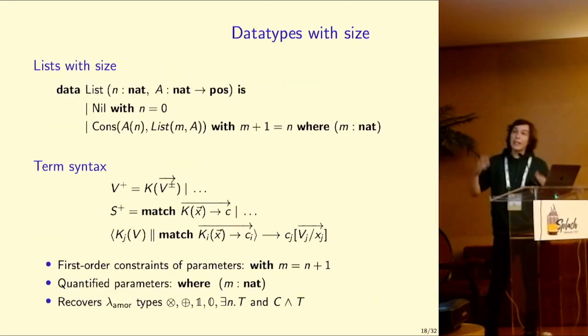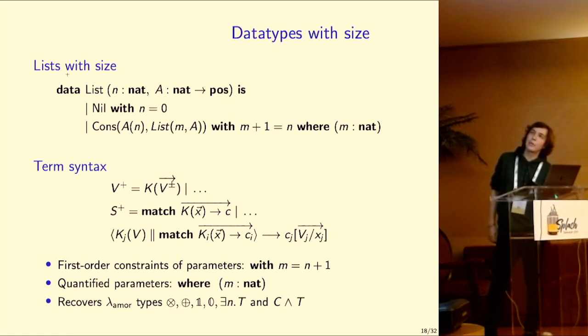So what data structures look like is this. We have here a data type definition for a linked list. So it's a list of size n with element type A, and A can depend on its position on the list. So it's of sort natural number to pos, which is the sort of data.